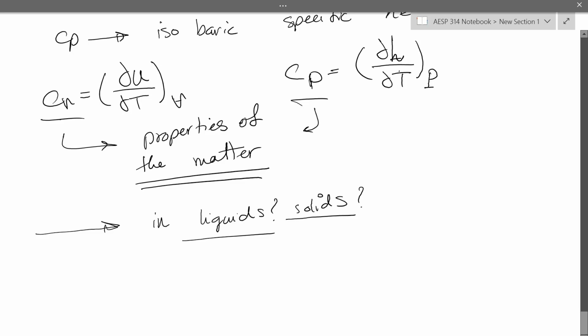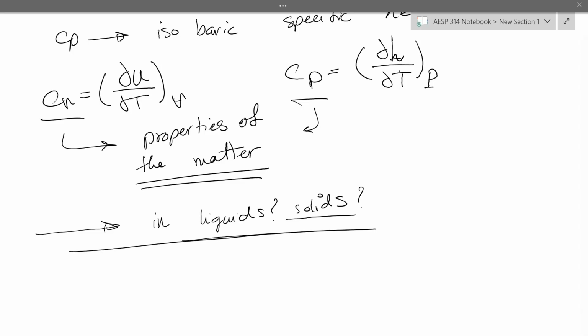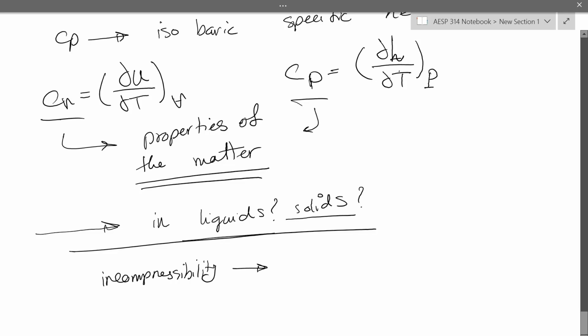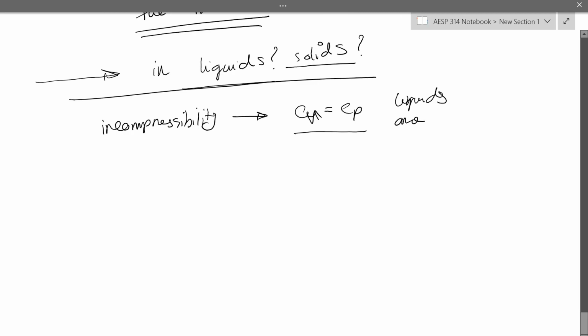We assume that they are incompressible, right? So because of their incompressibility, C_V and C_P for liquids and solids are equal. I'm sorry about the handwriting, guys. We can actually prove this mathematically.